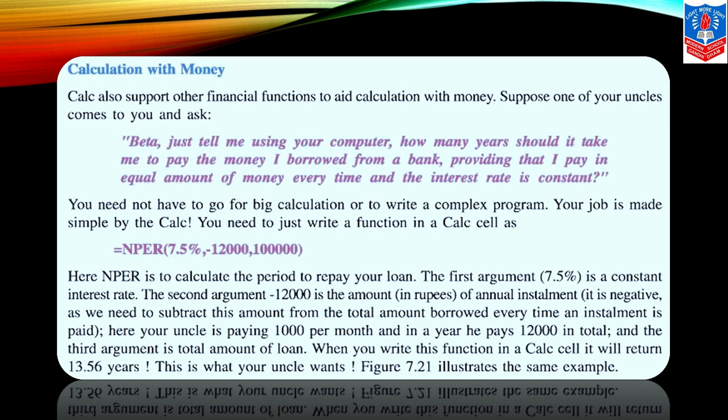Here your uncle is paying 1,000 rupees per month, so in a year he pays 12,000 in total. The third argument is the total amount of loan. When you write this function in a Calc cell, it will return 13.56 years. This is what your uncle wants. Try this illustration, children.